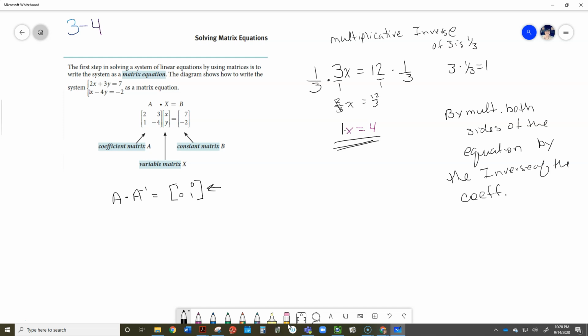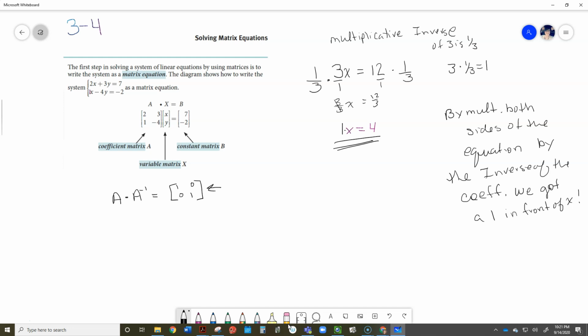By multiplying both sides of the equation by the inverse of the coefficient, we got a 1 in front of x, which is what we wanted. 1x is equal to 4. So we're going to do the same thing right here. We're going to take this math problem and we're going to multiply both sides by the inverse.